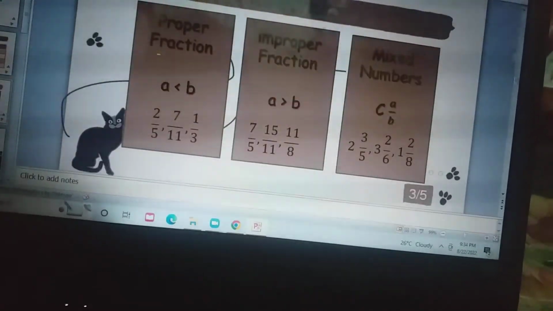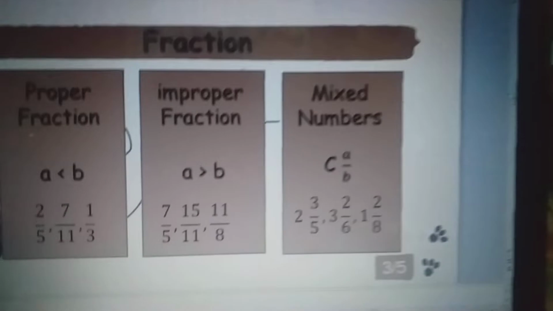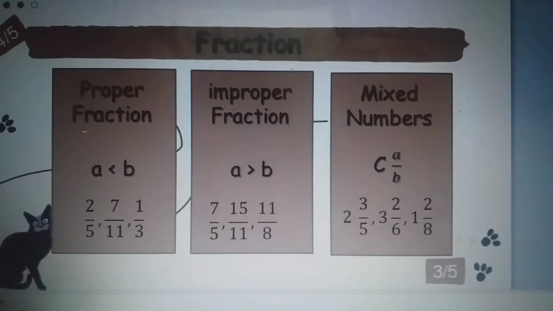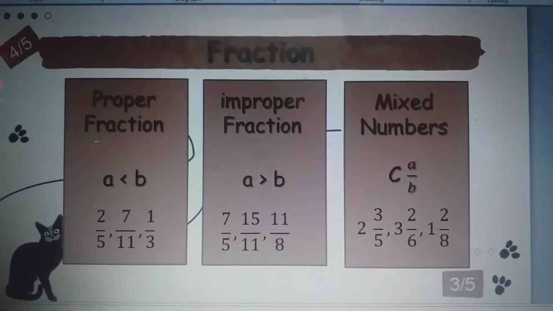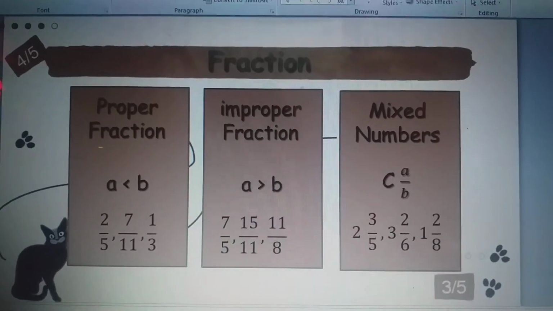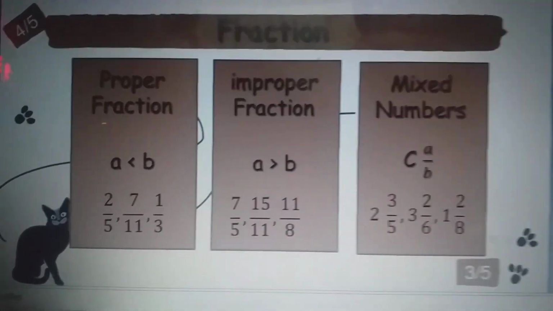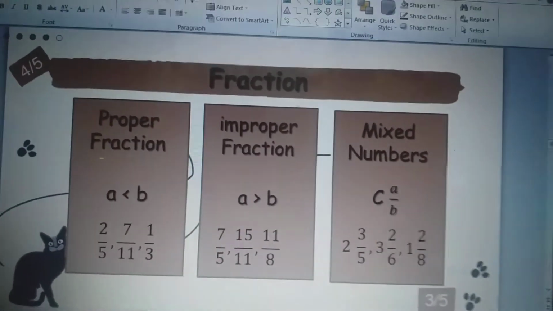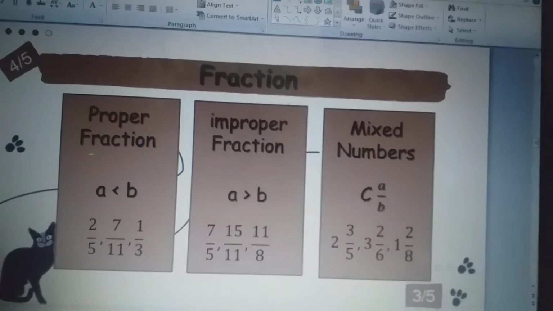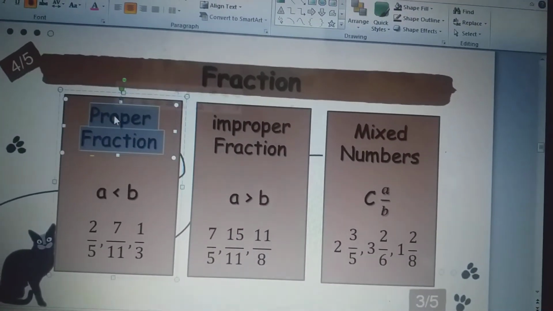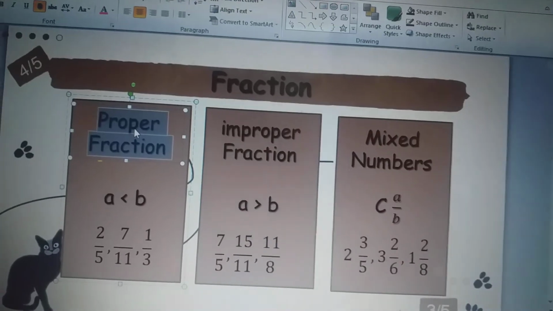Okay, so we have here now the kinds of fraction. Okay, you have seen the kinds of fraction. So there are 3. The first one, we have proper fraction. Okay, ito po, ayan, naka-highlight po, proper fraction.